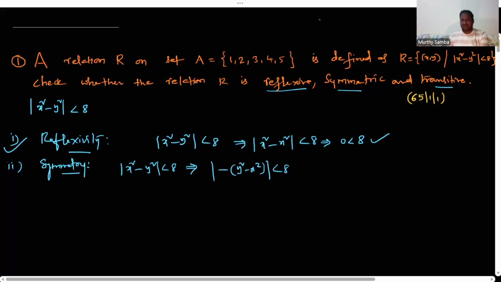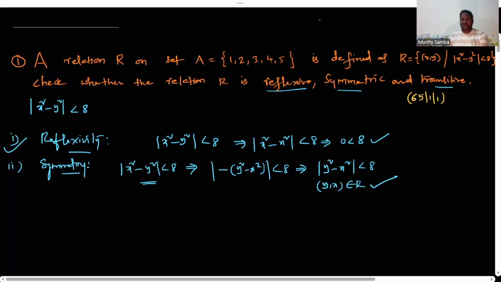Modulus of a negative number is a positive number only, right? So you can write it as modulus of y square minus x square also less than 8. It means (y, x) also belongs to R. As (x, y) belongs to R, (y, x) also belongs to R. Therefore, R is symmetric, right?